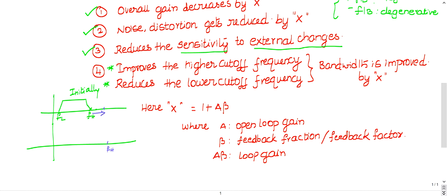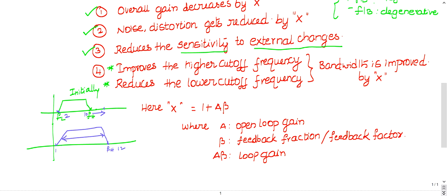The lower cutoff frequency is decreased. Suppose it is 2, then it will go to 1. The bandwidth range has increased. Previously assume this is 10, now it has become 12.